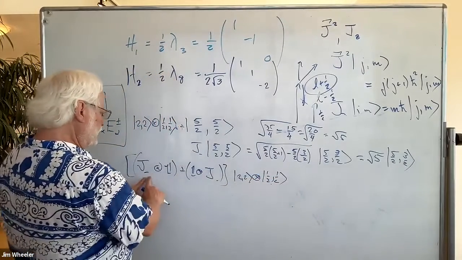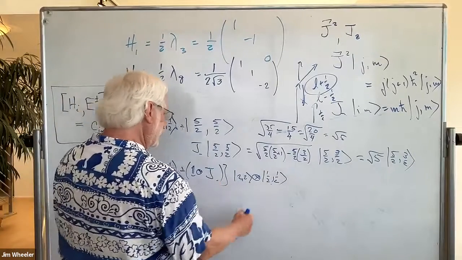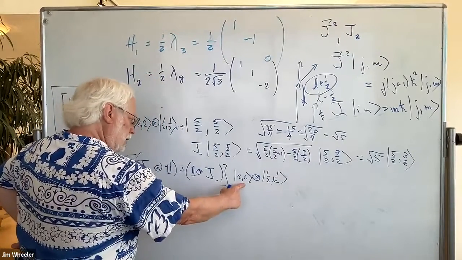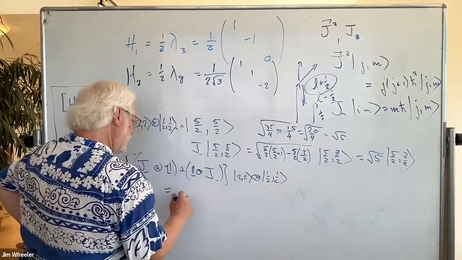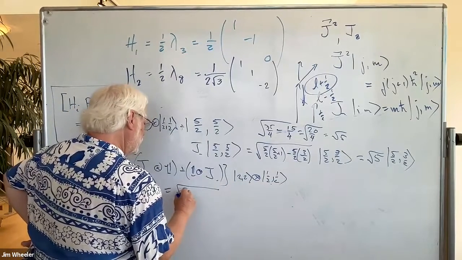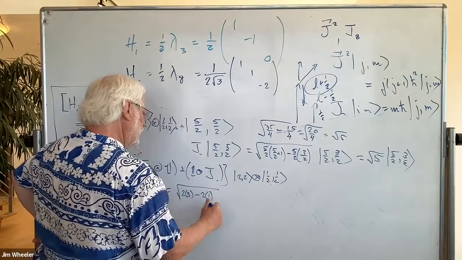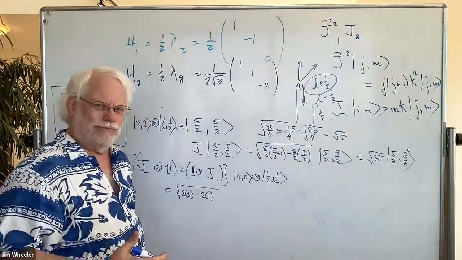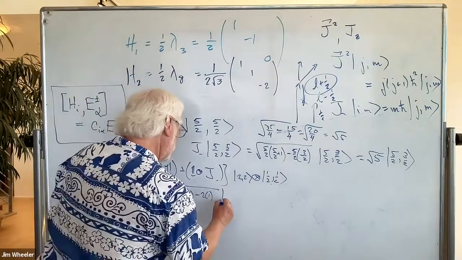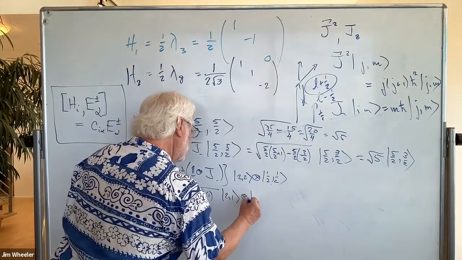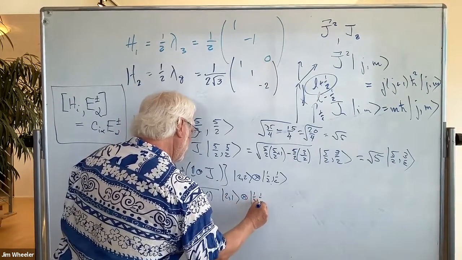So this one only sees that, this one only sees that, and we get a sum of a couple things here. When this J minus hits that, we're going to get the square root of 2 times 3 minus 2 times 1. There's an h bar in all of this, but h bar is 1. And we lower this to a 2, 1 cross 1/2, 1/2.